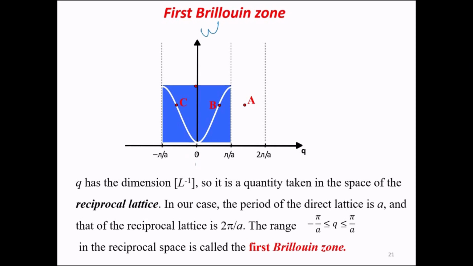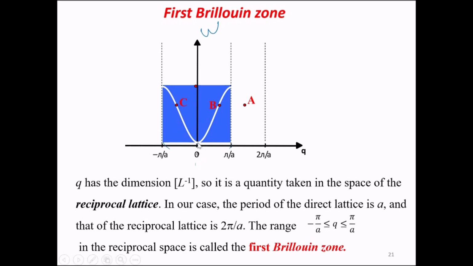And at the center, the dependence of omega on q is not similar to the edge of the Brillouin zone, right? See, this dependence and this dependence are quite different. Okay, now we see the property. Omega is not linearly dependent, but the dependence of omega on q at the edge and at the center of the Brillouin zone is quite different.